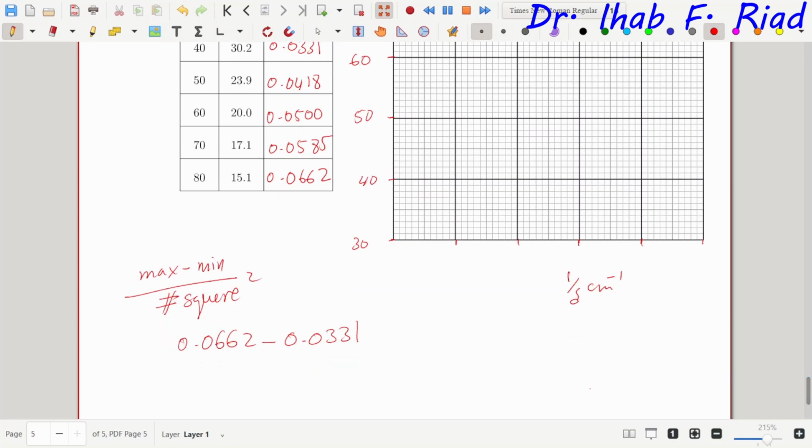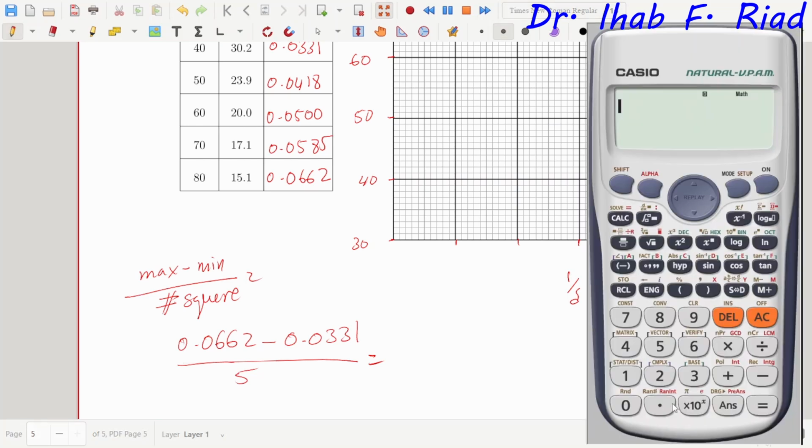Okay, how many squares do we have? We have 5 squares. Okay, let us do the math. 0.0662 minus 0.0331, and we divide by 5. It is 0.0062.